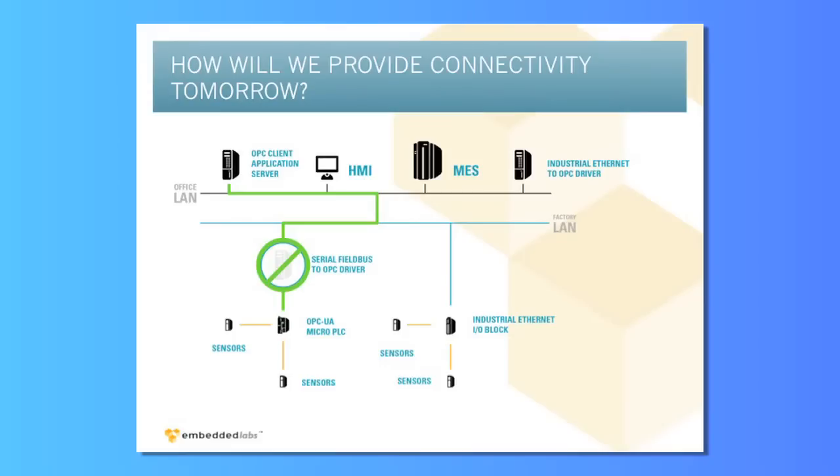So if you can afford to put industrial Ethernet onto your micro PLC, it really doesn't cost you anything extra to add OPC UA on there. Another advantage of both of these approaches is that we can now have secure communication, so that's authenticated and encrypted communication, all the way from the cabinet up to the IT layer.